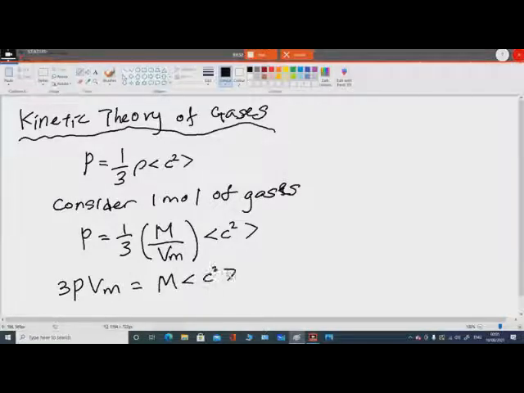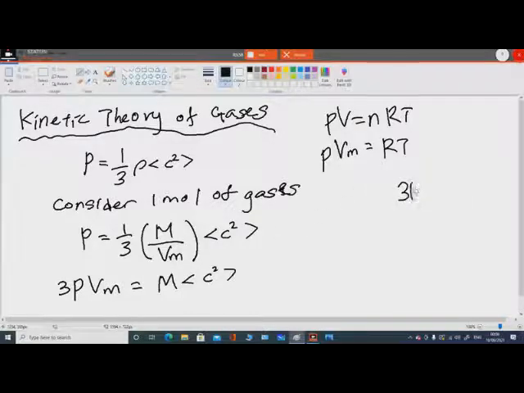We know that PV equals nRT, and since we have 1 mole of gas, PVm equals RT.